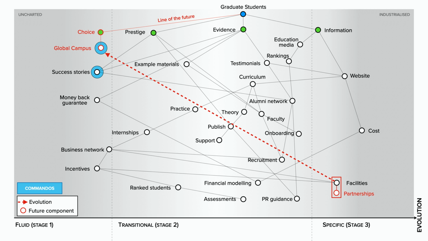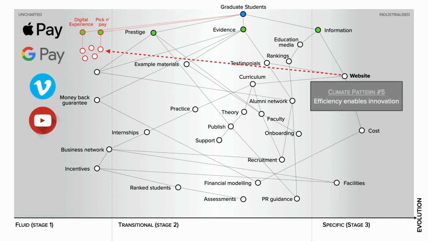What we can see here is that new innovative ideas, the kind that most organizations look for in order to try and gain an advantage over rivals, are often built on top of yesterday's efficiencies. We've already seen how other suppliers have built innovative components, like payment systems or multimedia integrations on top of websites, which are a specific, efficient platform.